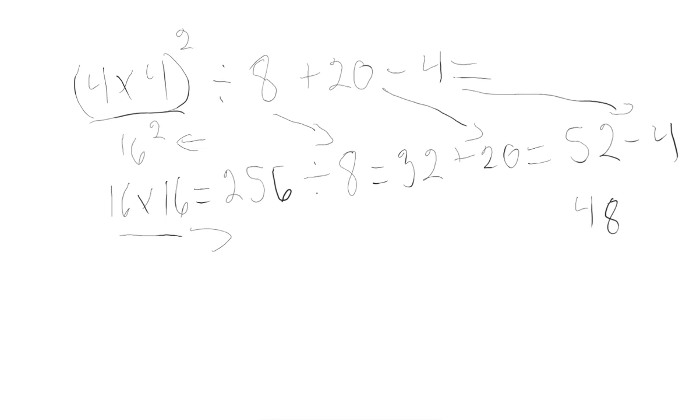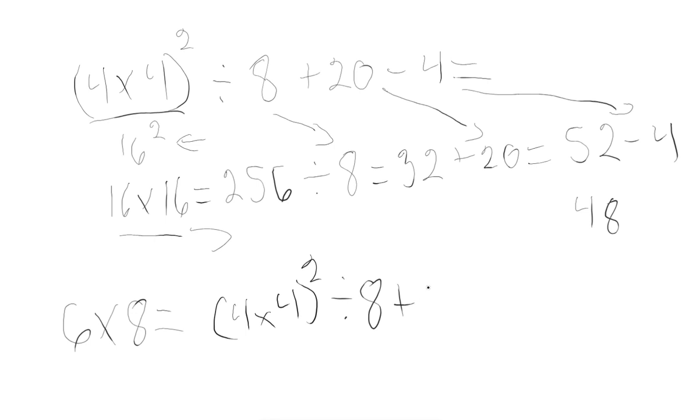Now the reason why I like this problem is 6 times 8 is equal to 4 times 4 squared divided by 8 plus 20 minus 4.